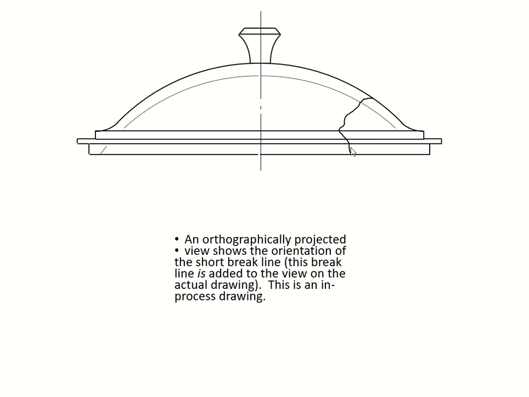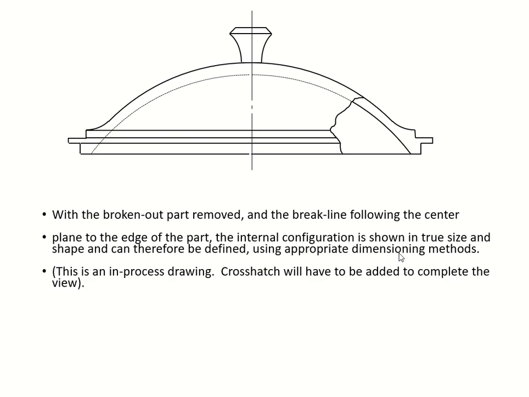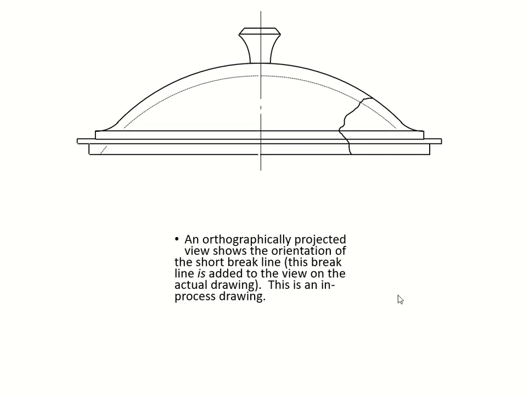So this is where the fracture line is, all right? This is another orthographic projected view. This auto projection shows you the orientation of your short break, yeah? So let's go into here, now we remove. So what did we remove? We removed these features right there, okay?